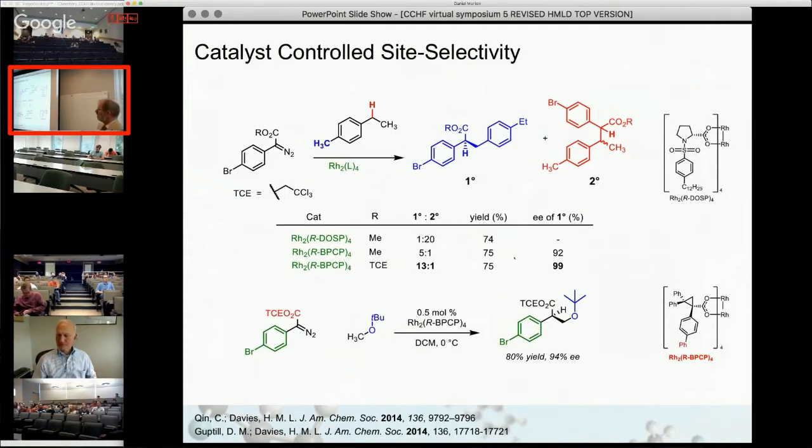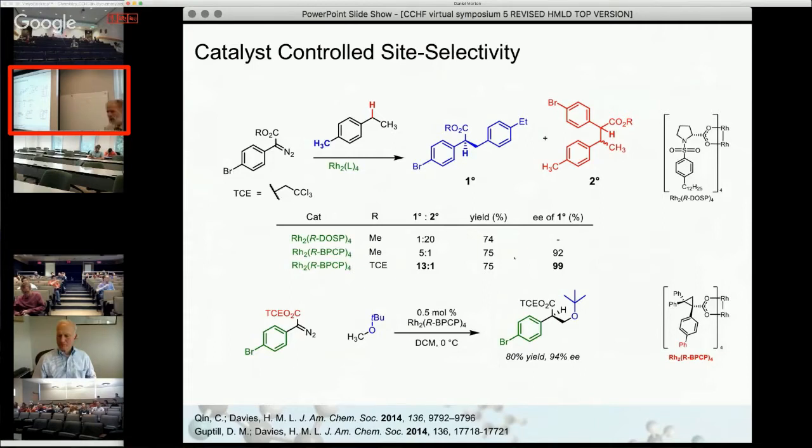And you can see, if you look now at benzylic CH functionalization, the first two lines show the two catalysts going against each other. And when you use the trichloroethyl derivative, not only do you improve the site selectivity to 13:1, but the reaction also goes with very high enantioselectivity.